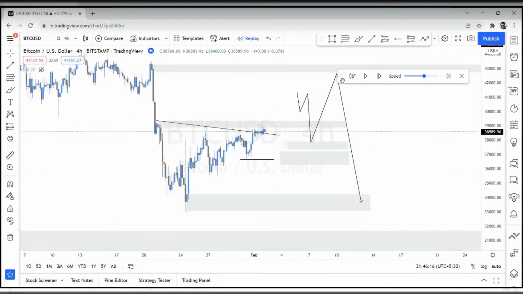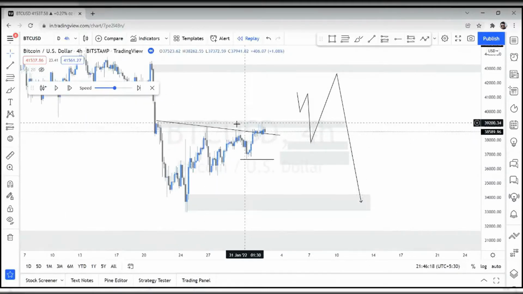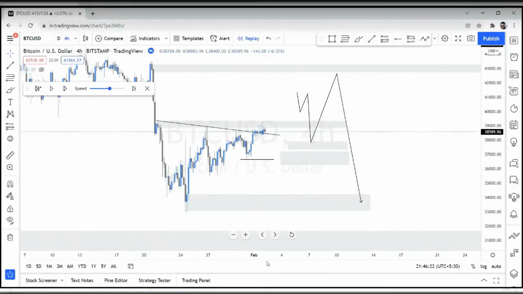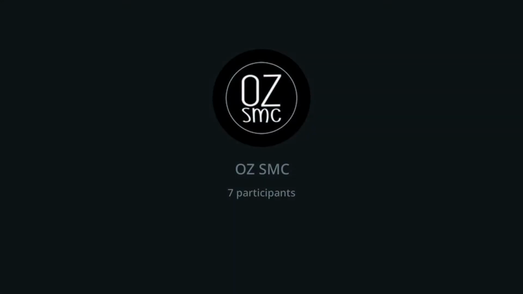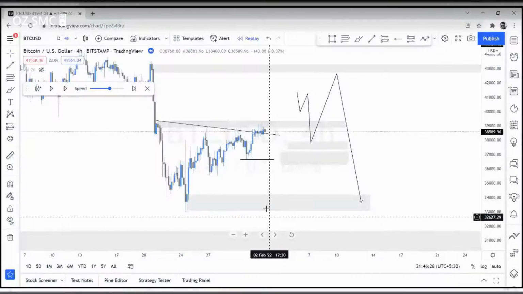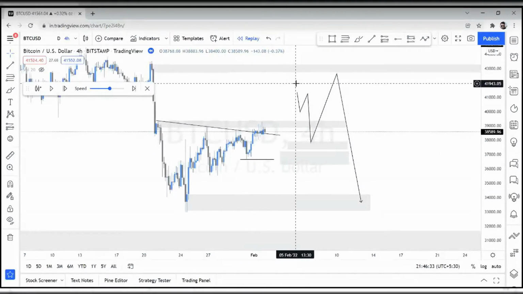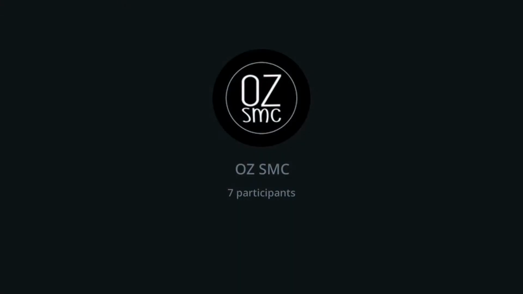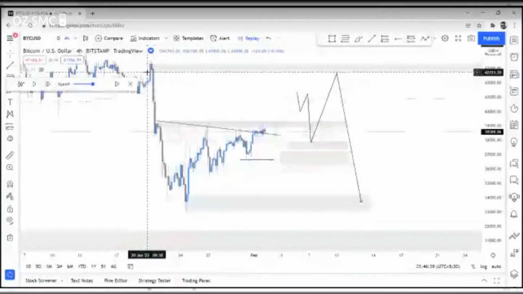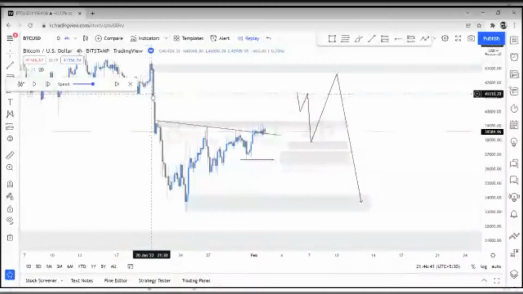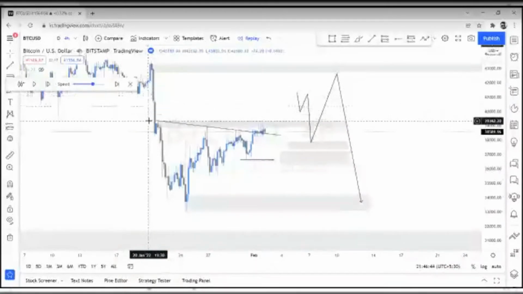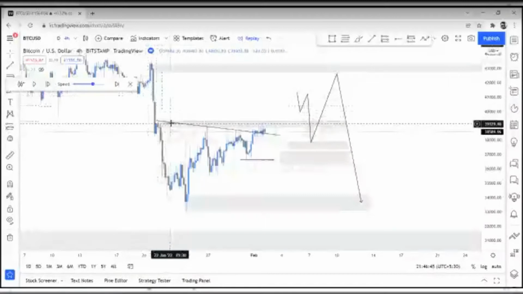I think price broke this structure, and I mentioned in my previous webinar that you should not be surprised if price does make that move here. We should not be surprised because, as I explained in my previous webinar, what do you have here? From this week to this week, and from this week to this week, what do we have? We have imbalance.